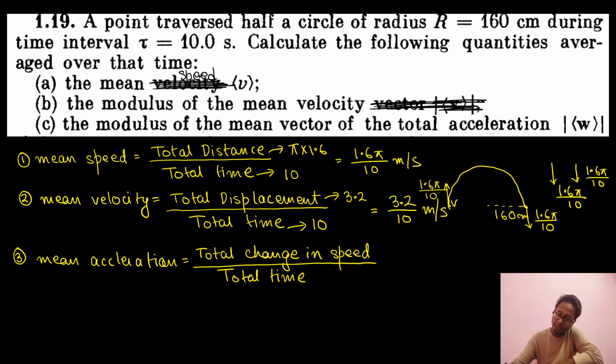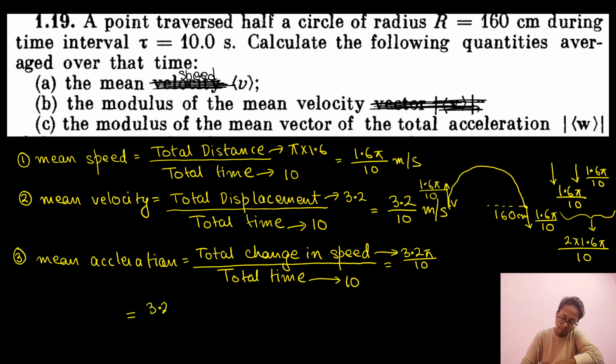So the total change in velocity is nothing but the addition of these two vectors, or 1.6 pi plus 1.6 pi, 2 into 1.6 pi divided by 10, which is equal to 3.2 pi divided by 10. This is the total change in speed, and total time is nothing but 10 seconds. So mean acceleration is 3.2 pi divided by 10 into divided by 10, which is equal to 3.2 pi divided by 100.